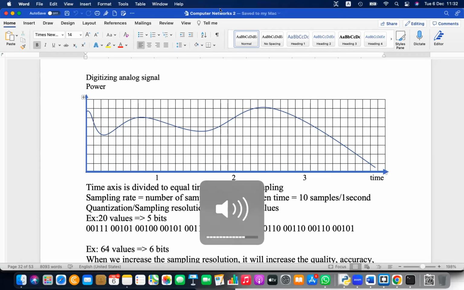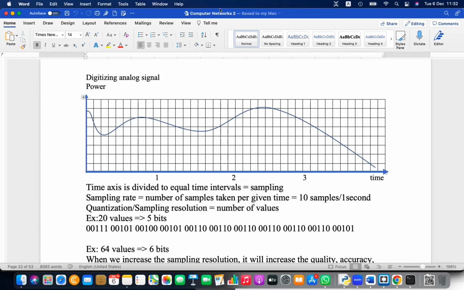To represent eight levels, how many bits do you need? There are 8 quantization levels. In order to represent 8 quantization levels, how many bits do you need?